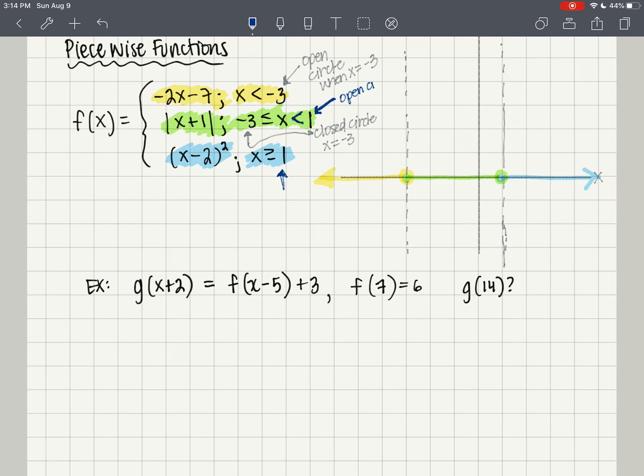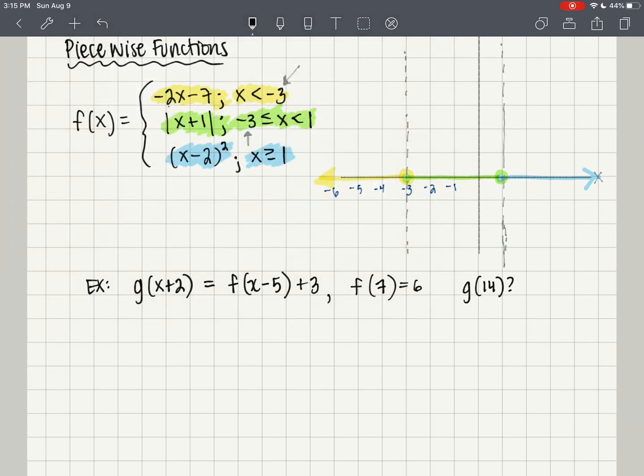If you need to hit rewind, go ahead and hit rewind, because I am going to make it go away so that I can actually plot my graph there. Okay, so x equals negative 1, negative 2, negative 3, negative 4, negative 5, negative 6. Let's start with negative 6. I'm going to put a negative 6 into the yellow function.